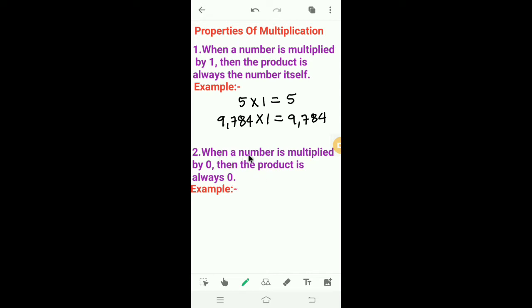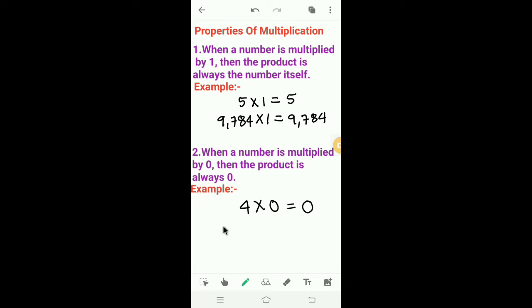When a number is multiplied by 0, then the product is always 0. For example, 4 multiplied by 0 is equal to 0. The product is 0. Any number multiplied by 0, then the product is 0.